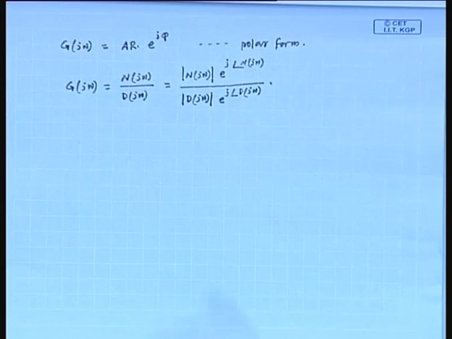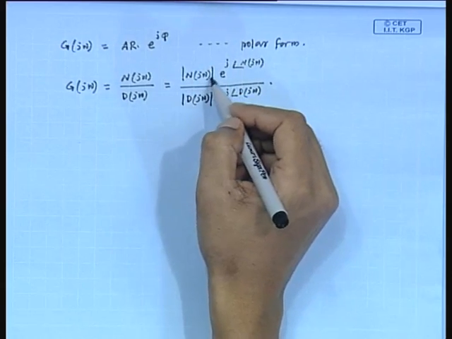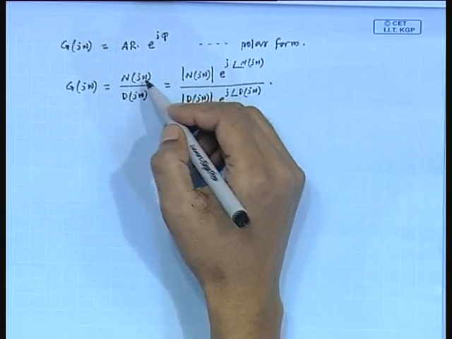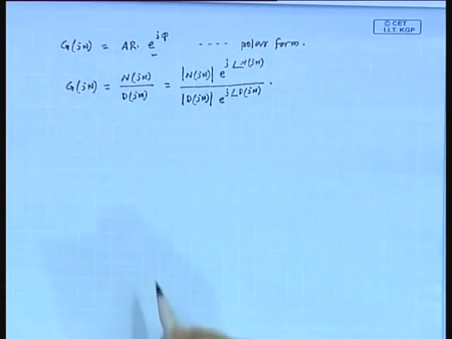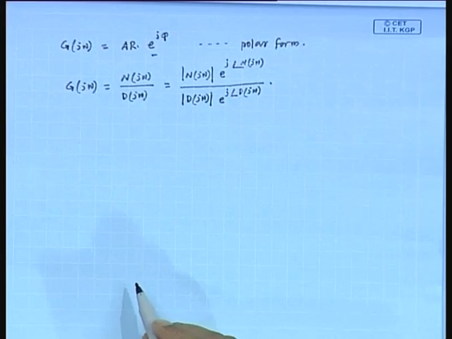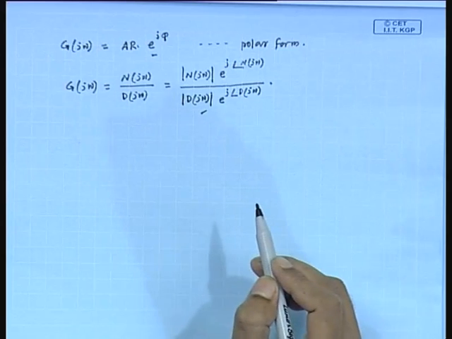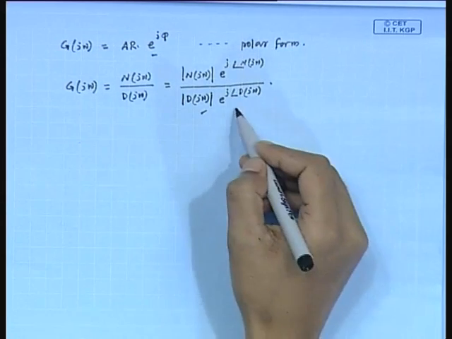Fine. This is the magnitude of the numerator multiplied by this exponential term. Similarly, for the denominator, this is the magnitude of the denominator D and this is the exponential term.